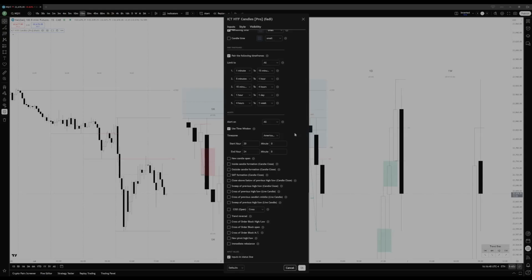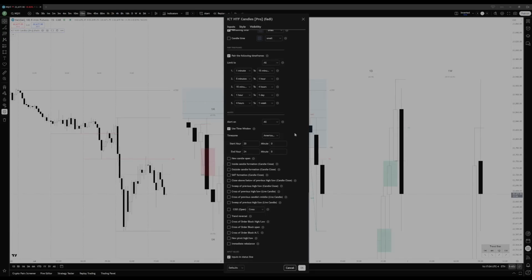If you just want to trade during the day, you can set, for example, 8:30 to 4 o'clock. And that prevents the open market type symbols such as Forex or futures from sending you alerts at 2 o'clock and 3 o'clock in the morning. That way you only get the alerts during the trading hours. That way when you get to your station, you get the alert and now you can take an action on it.